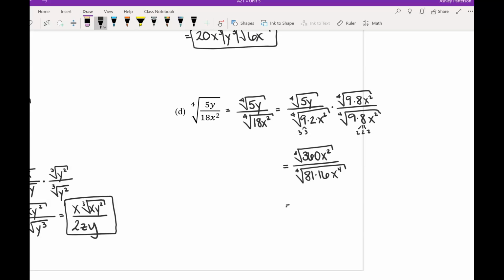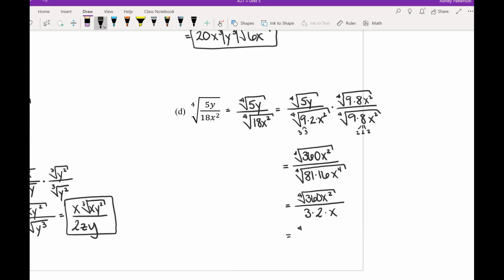And then we can simplify the denominator. So we have the fourth root of 360x squared, and 360 is 5 times 9 times 8, so we can't pull out any groups of 4. All over fourth root of 81 is 3. The fourth root of 16 is 2, and then times x.